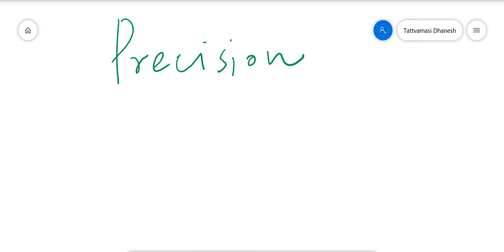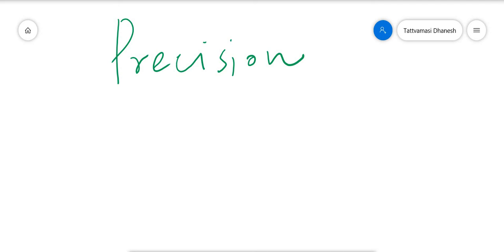So first I will define precision. What is precision? Precision tells what proportion of positive identifications was actually correct.